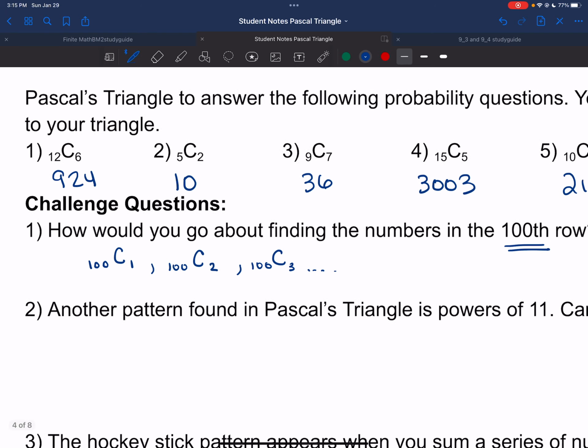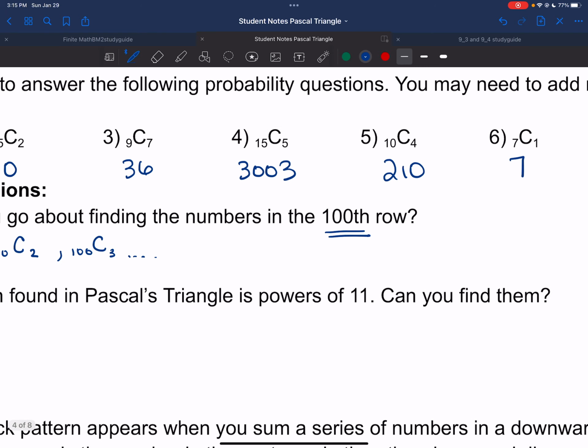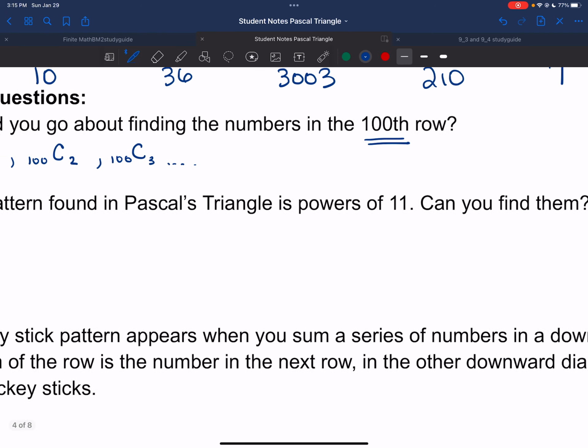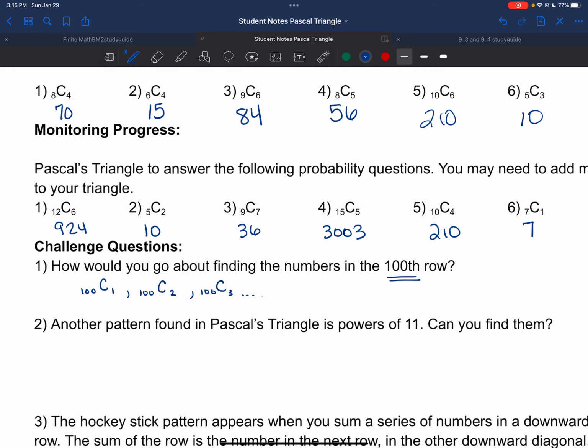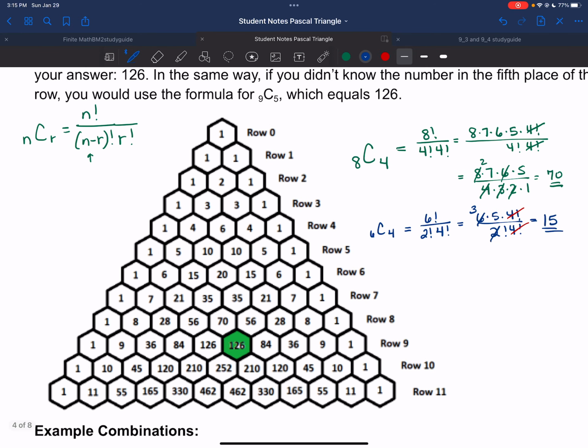Okay, another pattern found in Pascal's triangle is powers of 11. And can we find those? Powers of 11, get ready for this. 11 to the 0 power is this one right here. 11 to the first power is this right here.